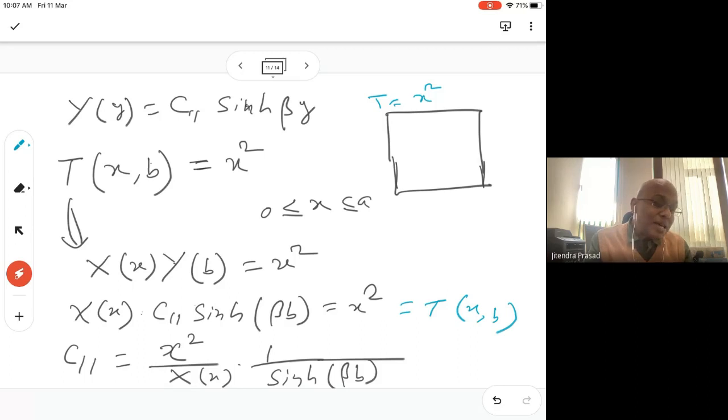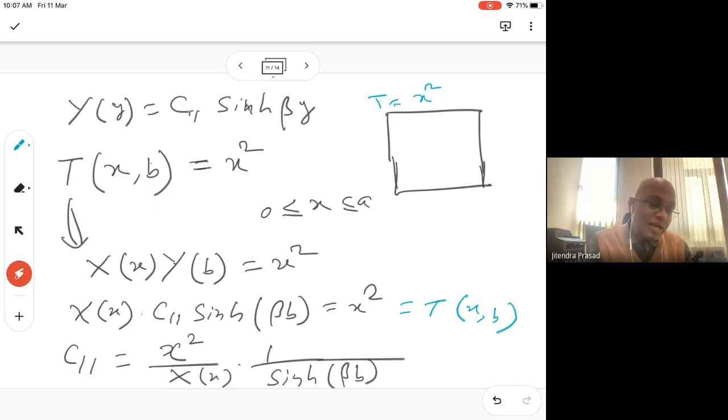Based on that, we try to find C11 equal to x square over this. The problem is that C11 was supposed to be purely a constant.